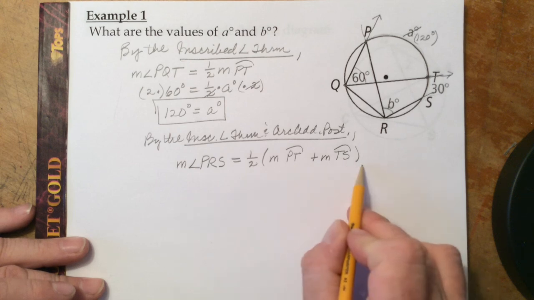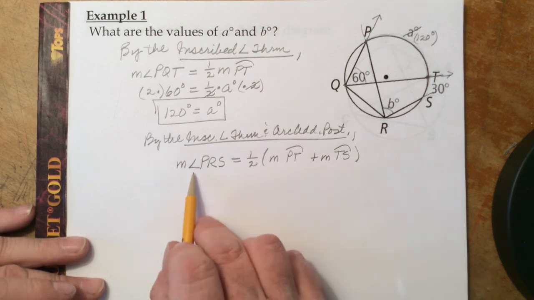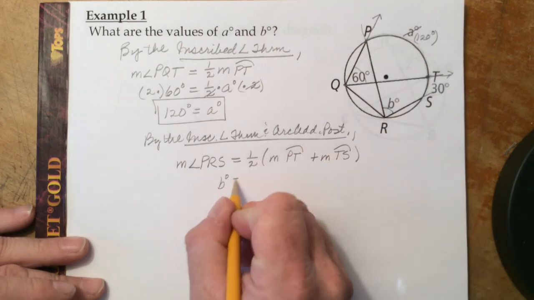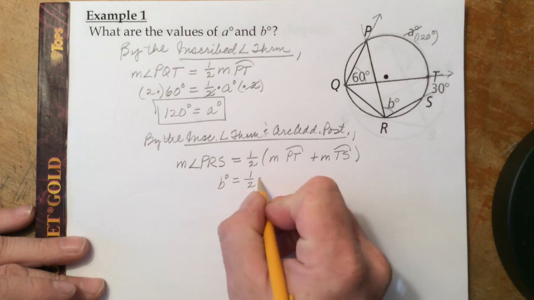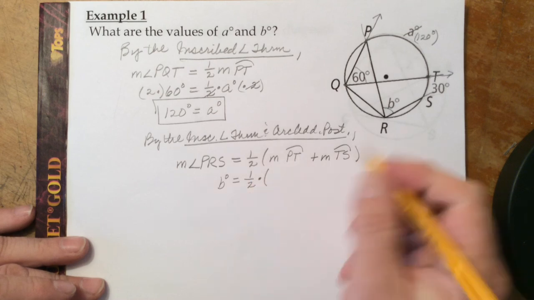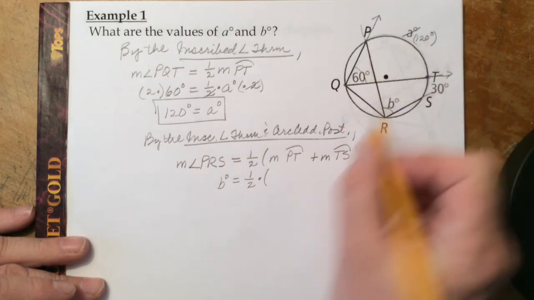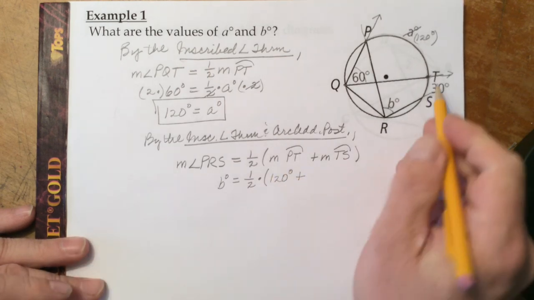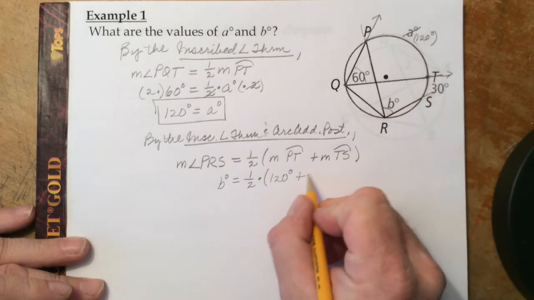So this would be an equation you could use. Now we substitute in what we know. The measure of angle PRS is B degrees, equals 1/2 times the measure of arc PT, which was 120 degrees, plus the measure of arc TS, which they give us, is 30 degrees.